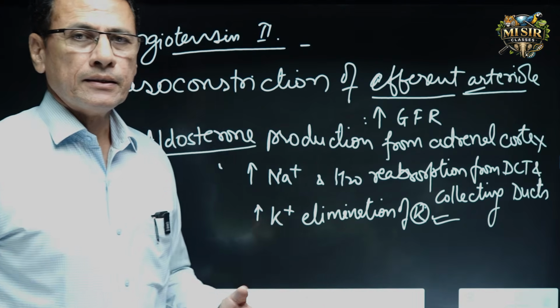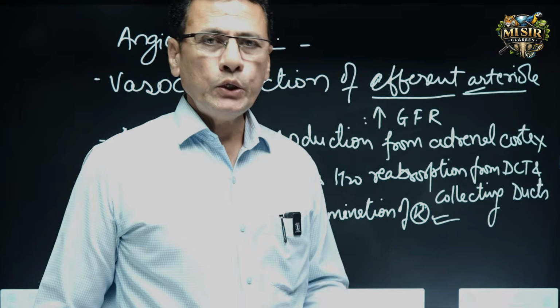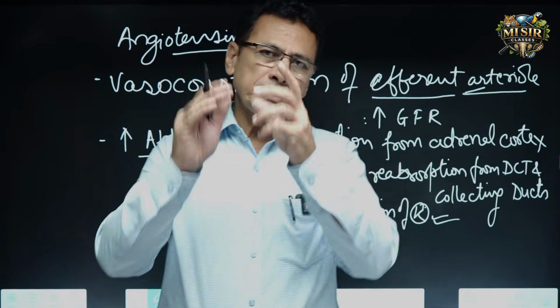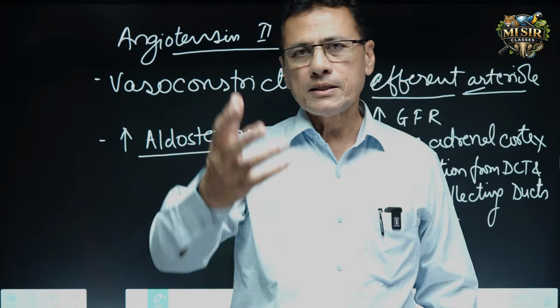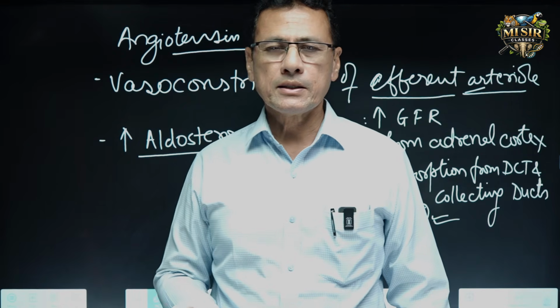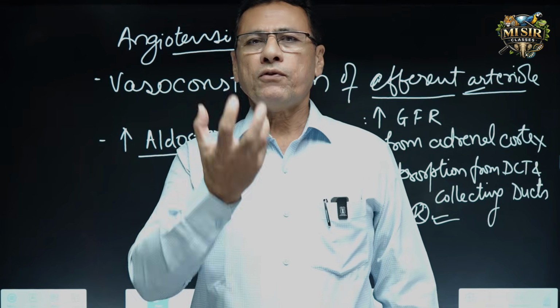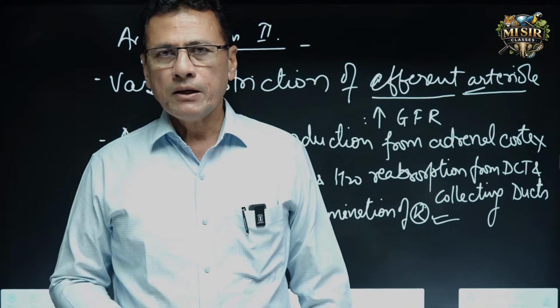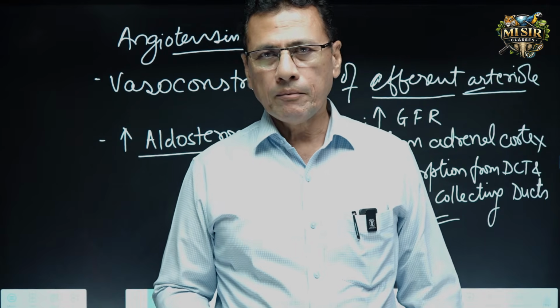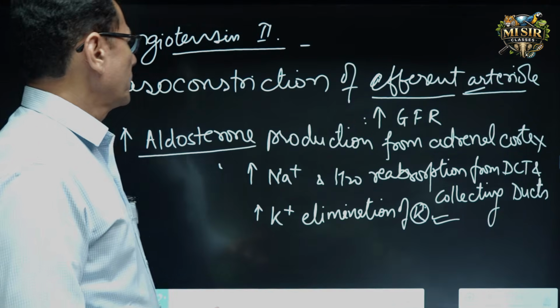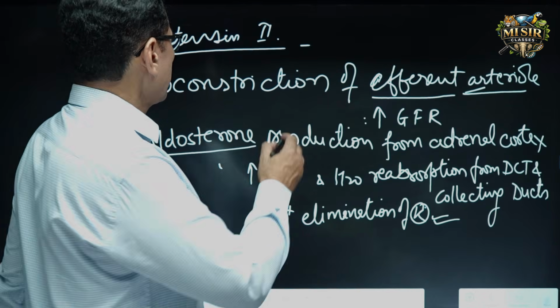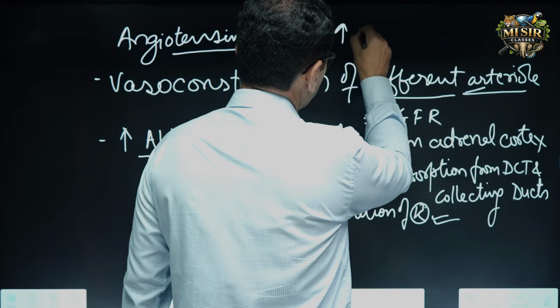It increases the blood volume. It increases the plasma osmolarity. Now we must remember that when this system was triggered on, there was a fall in blood pressure, a fall in GFR, and a fall in plasma sodium levels. As such, it is a vasoconstrictor chemical, it increases the blood pressure.